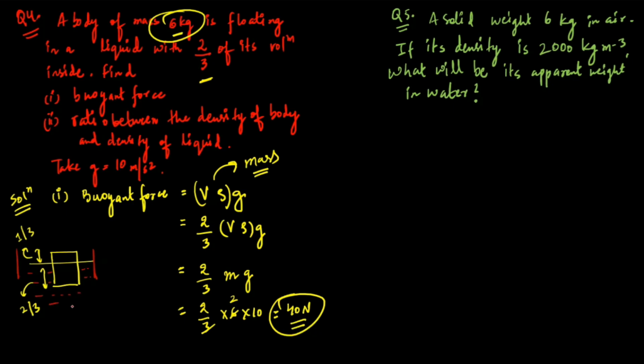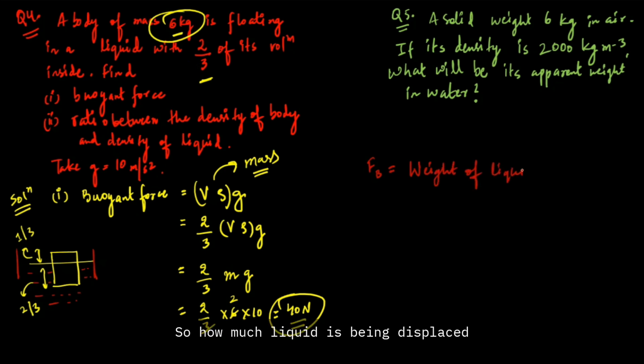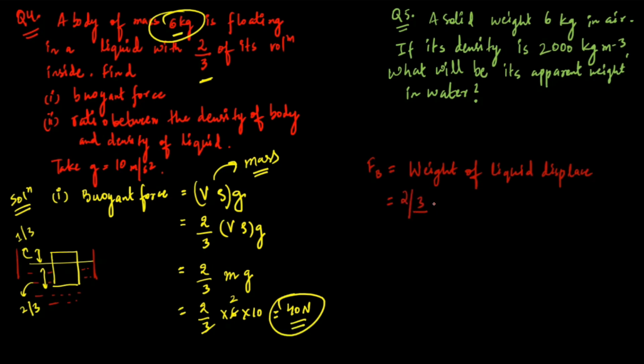See, again, when we are finding buoyant force, what is buoyant force exactly? It is an upward push, the weight of liquid displaced. Keep this in mind: weight of liquid displaced. So how much liquid is being displaced? 2/3 times mg, where m is the mass of the body.